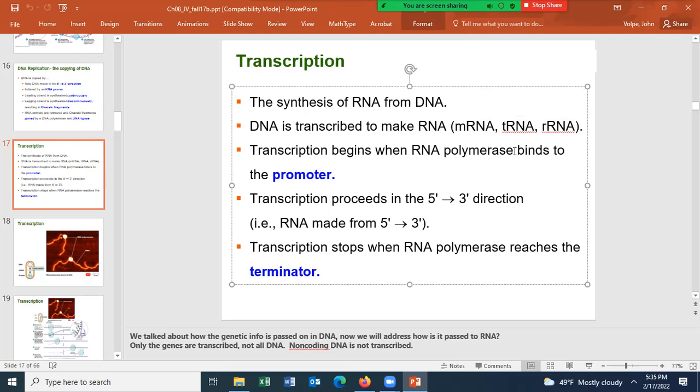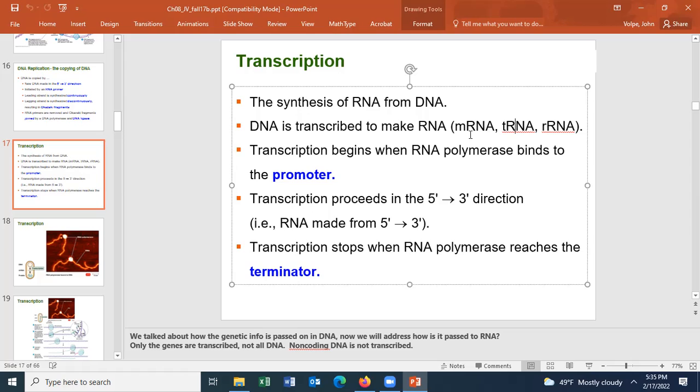Are they different structures? They are different sequence. Messenger RNA has a different nucleotide sequence than tRNA, but they are the same RNA nucleotides. Okay, so they are the same RNA nucleotides, but they do have a different sequence.